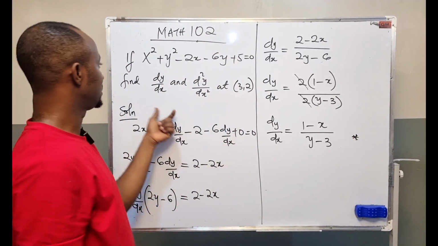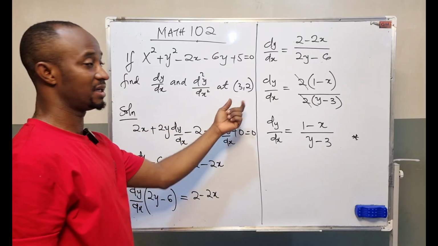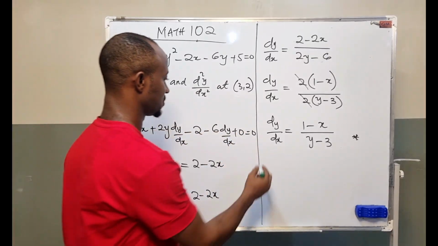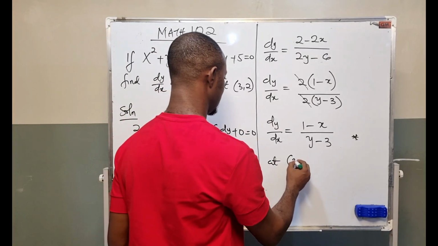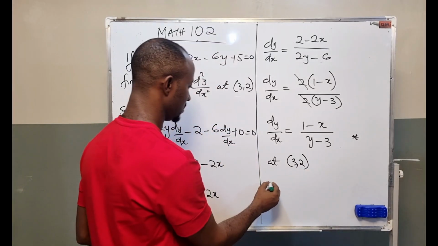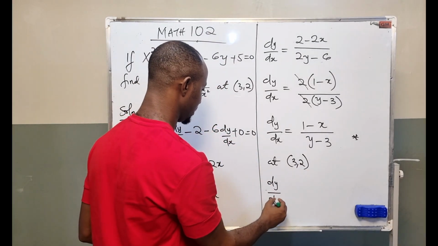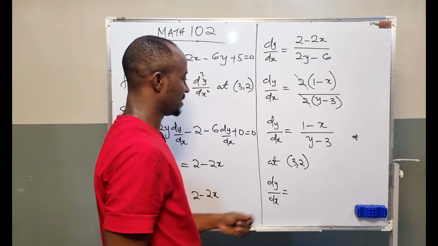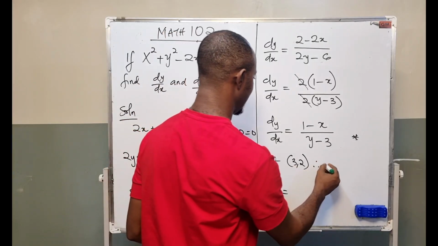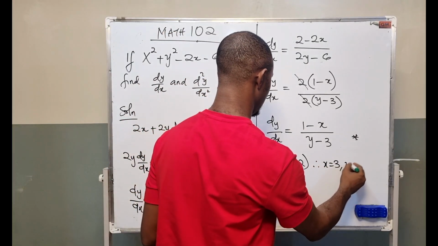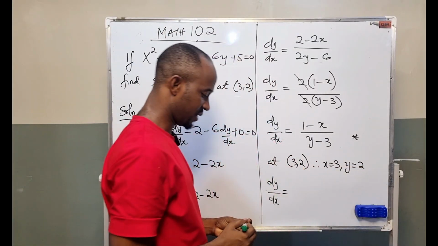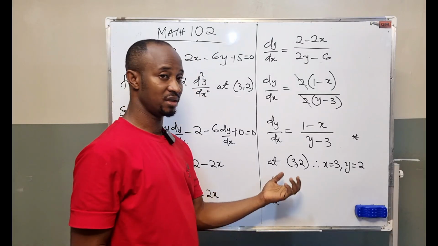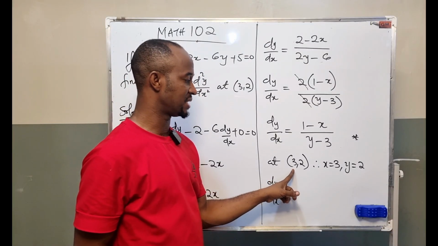But we also find the slope, the dy/dx, at a given point, (3, 2). So I'm going to say at (3, 2), the dy/dx is going to be, it simply means I'm going to put my value of x. This implies that x is 3, y is equal to 2. Whenever we're given a coordinate point like this, the first number represents x.